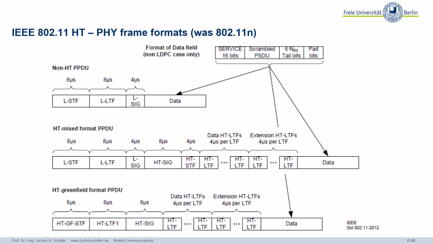Just to give you an impression, there are certain frame formats now for this type of physical layer. There are, for example, the classical non-high throughput formats, because there are still devices operating at lower data rates. You have to be compatible with them. If they send something, you have to react. Or if you send something, they have to be able to react.